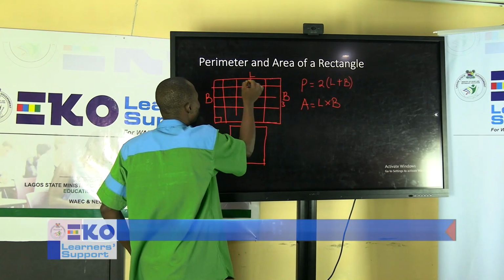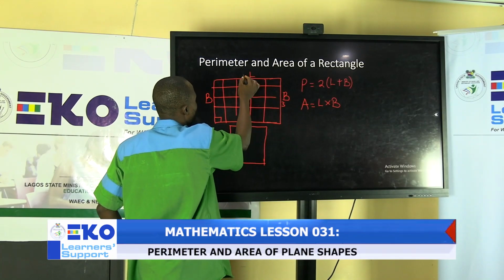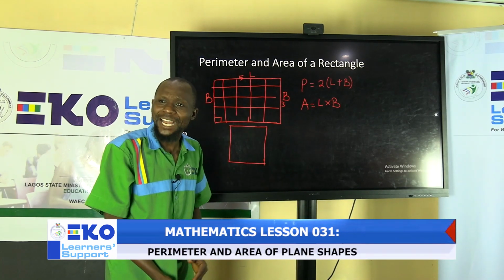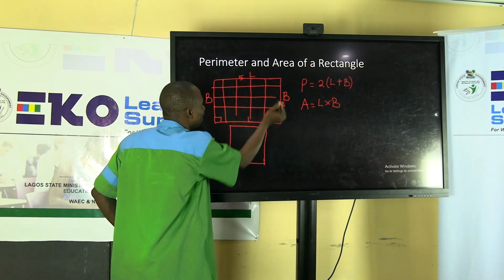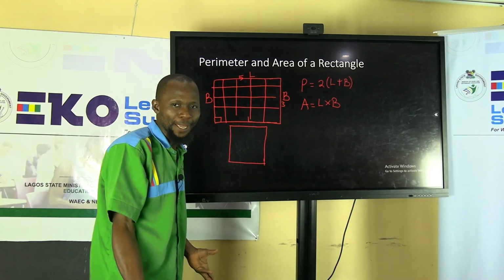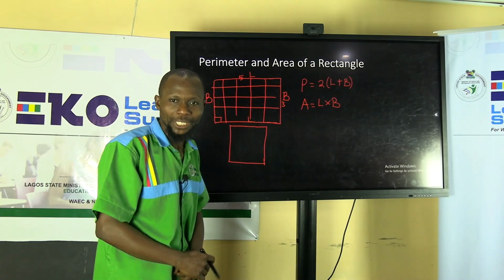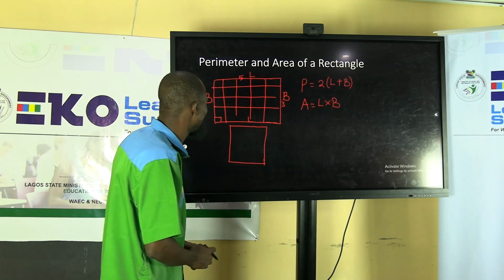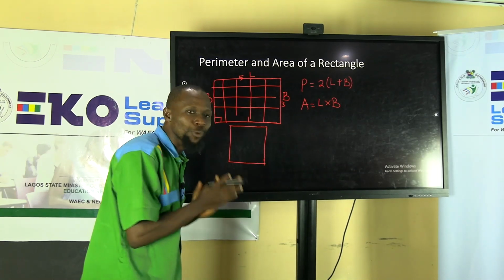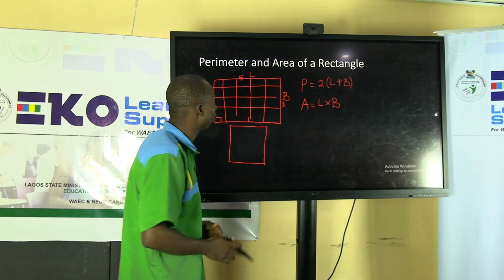You have 1, 2, 3, 4, 5. To know the number of tiles, you don't need to count everything there. Just count the length and the breadth, and you multiply. And to give you what? The total number of tiles in your room.